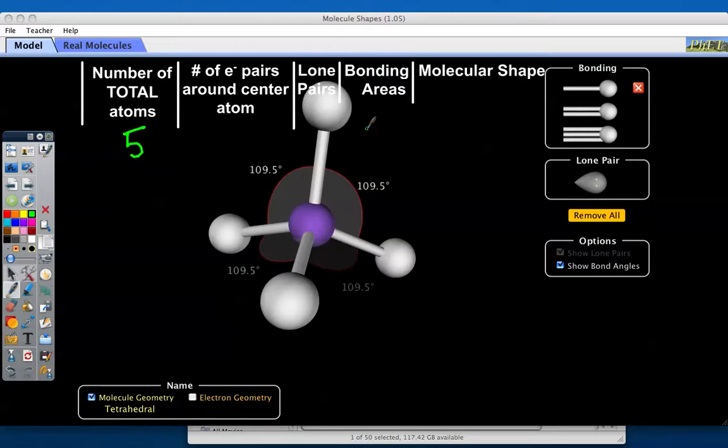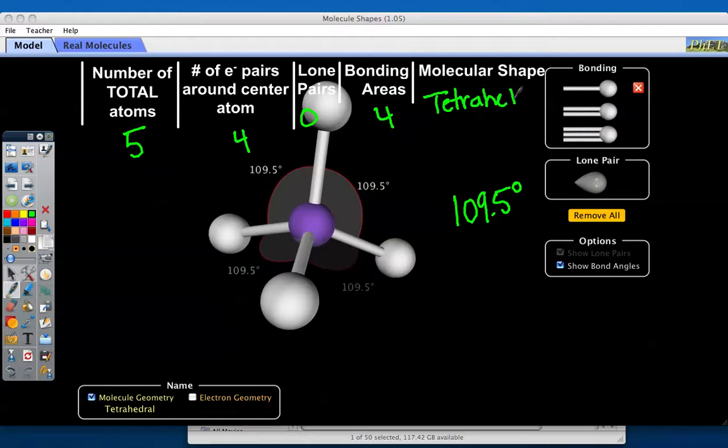I have 4 bonding areas, 0 lone pairs, and I have 4 electron pairs around the center atom. The bond angle is 109.5 degrees. And the molecular shape of this is tetrahedral.